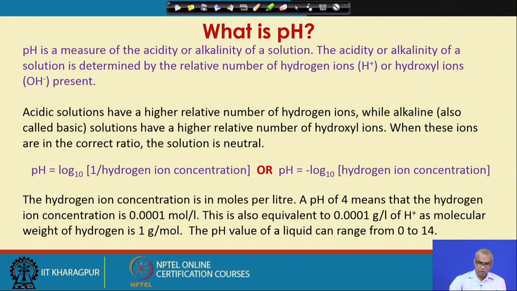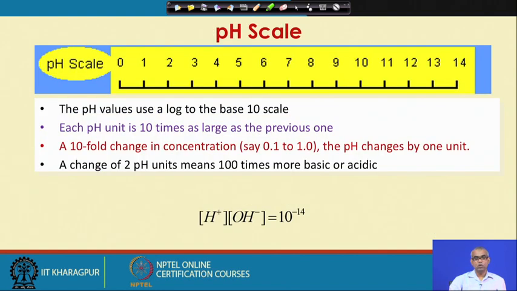The pH value of a liquid can range from 0 to 14. So, this is the scale 0 to 14, 7 is neutral, 0 to 6 is acidic, 8 to 14 is basic. The pH values use a log to the base 10 scale. So, each pH unit is 10 times as large as the previous one.